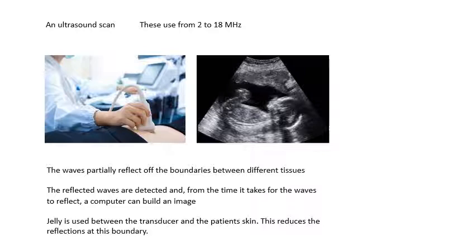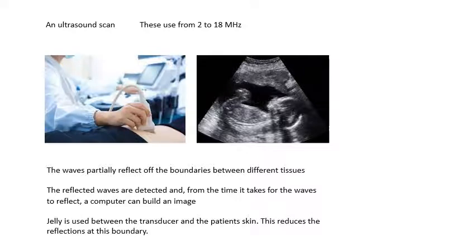And the way that it works is that these waves partially reflect off the boundaries between different tissues. Different tissues as in skin or muscle or bone that's forming, or cartilage. Different types of tissue, the boundaries between them, that's where the waves reflect.